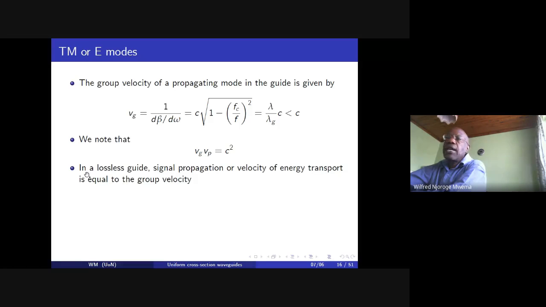So in a lossless guide, signal propagation or velocity of energy transport will then be equal to the group velocity.